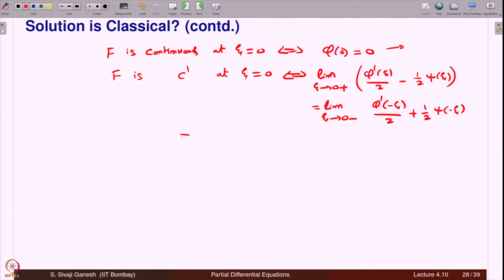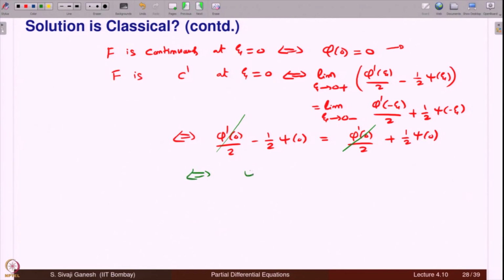So that is if and only if phi dash of 0 by 2 minus half psi of 0 equals phi dash of 0 by 2 plus half psi of 0. You see that this cancels, and what we get is psi of 0 must be 0. So f is C1 at xi equal to 0 if and only if psi of 0 is 0. So we got phi of 0 equal to 0, psi of 0 equal to 0.